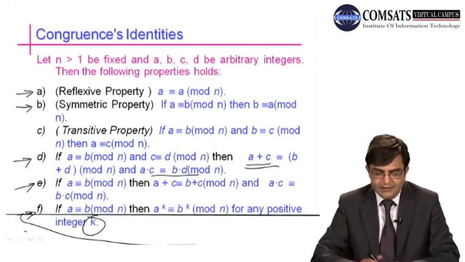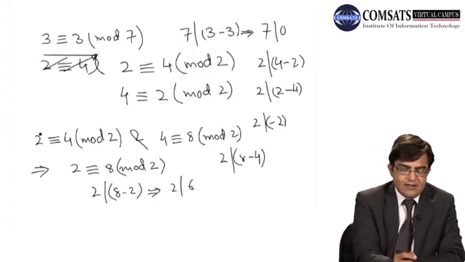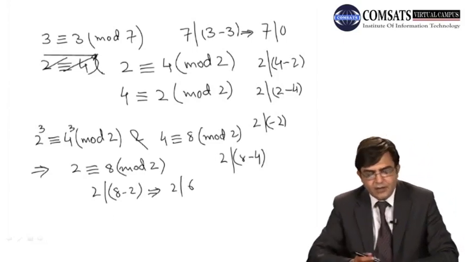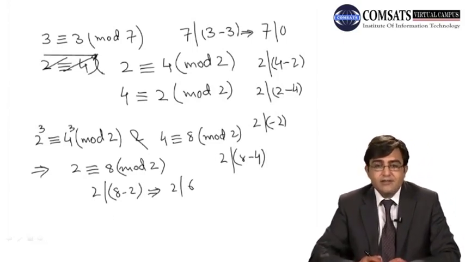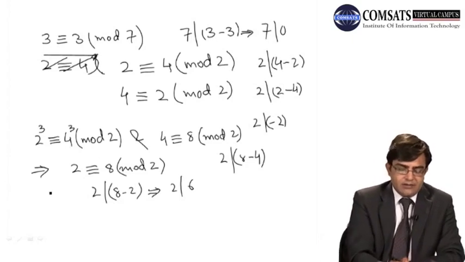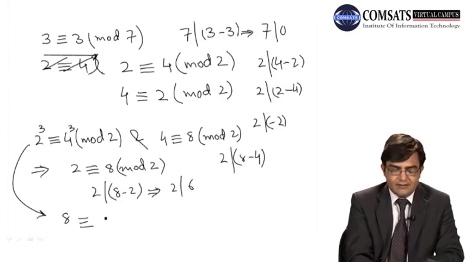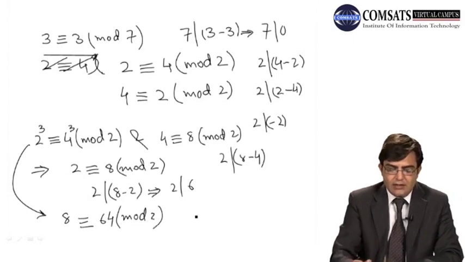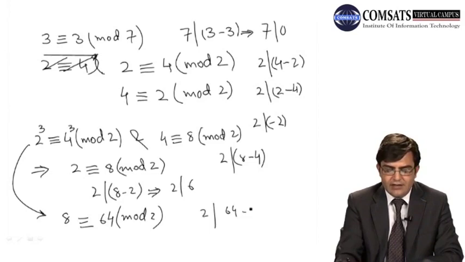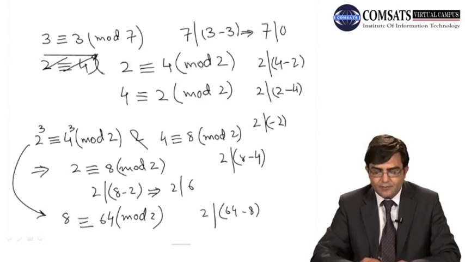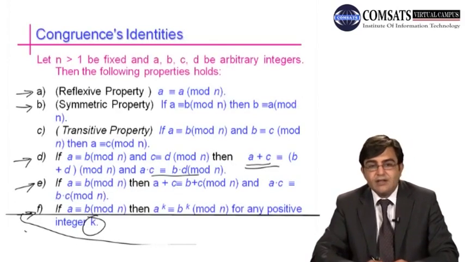For example, 4 is congruent to 2 mod 2, so we can take the power 3 on both sides. Then the congruence remains true because 2 cubed is 8 and 4 cubed is 64, and 8 is congruent to 64 mod 2. Here 2 divides 64 minus 8, which is true because 2 divides 56. So this is another property of mod congruence.